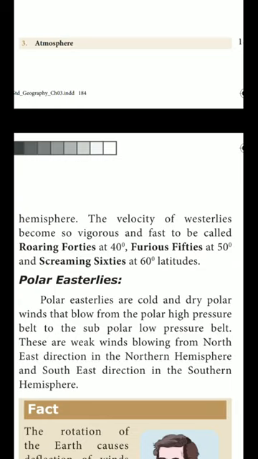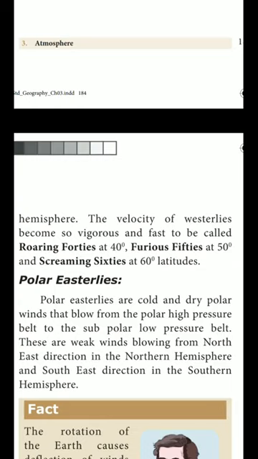Polar easterlies are cold and dry polar winds that blow from the polar high pressure belt to the subpolar low pressure belt. These are weak winds, blowing from northeast direction in the northern hemisphere and southeast direction in the southern hemisphere.